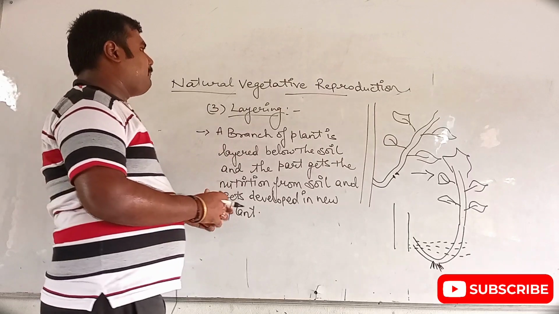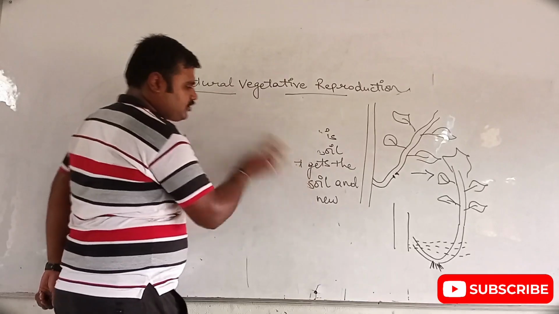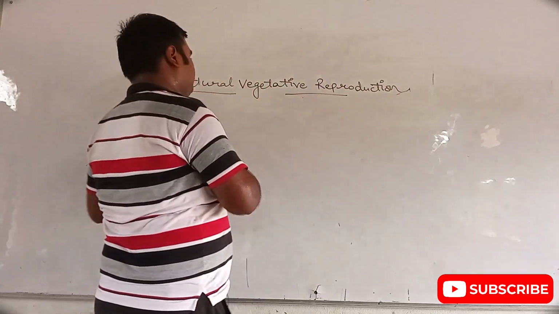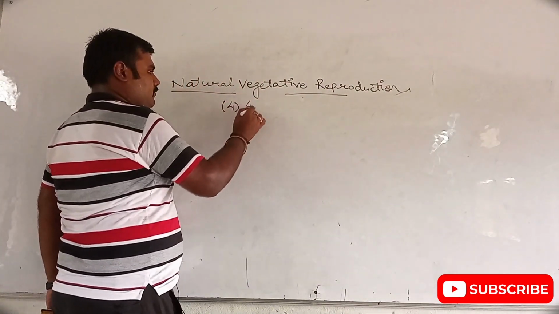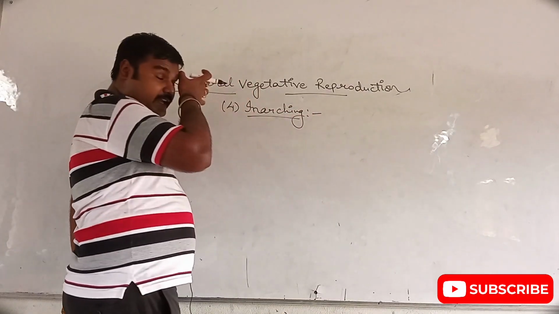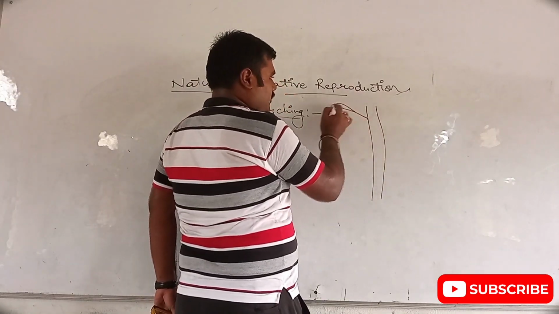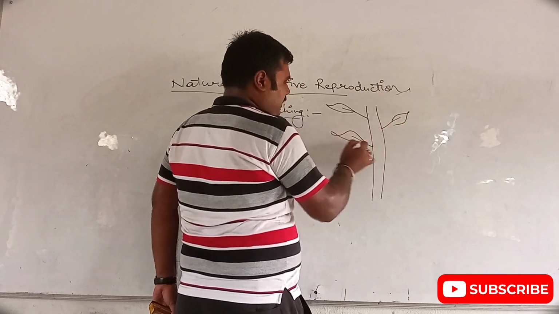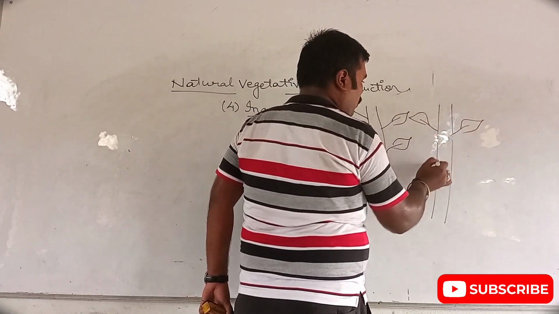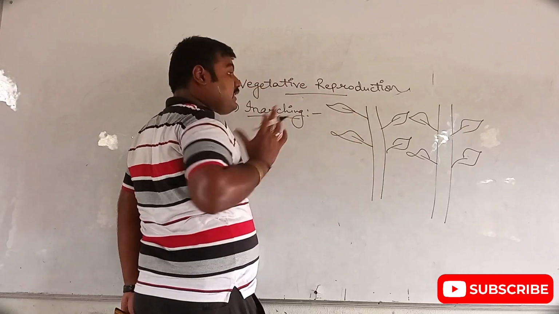Next, our fourth type of natural vegetative reproduction is inarching. Now let's talk about what inarching is. See, suppose two plants are present in which one plant is not of good strain or good species, and the second plant is of the good species.